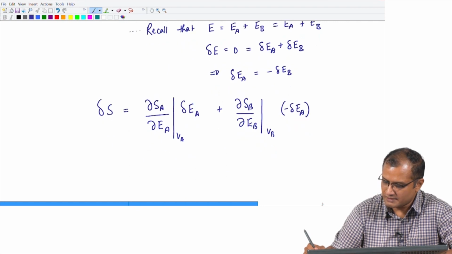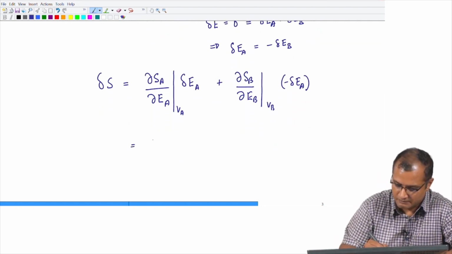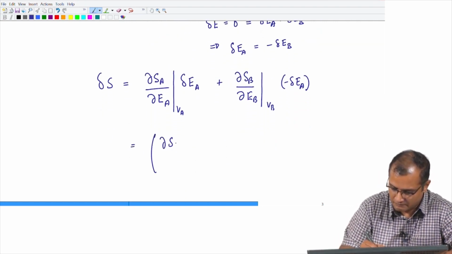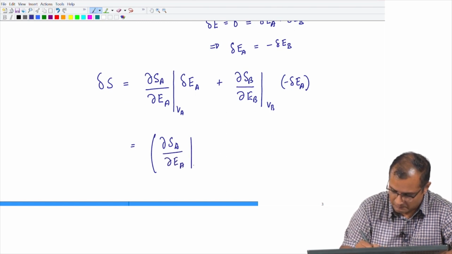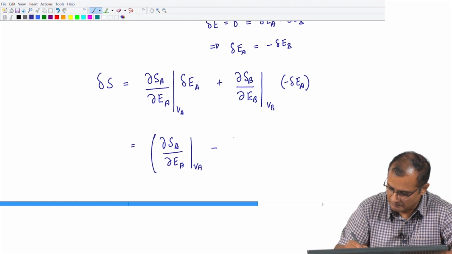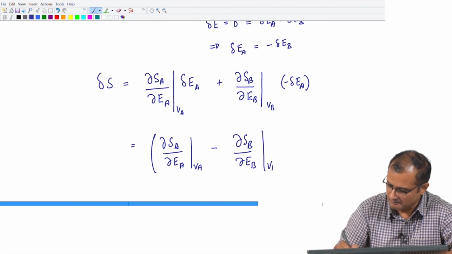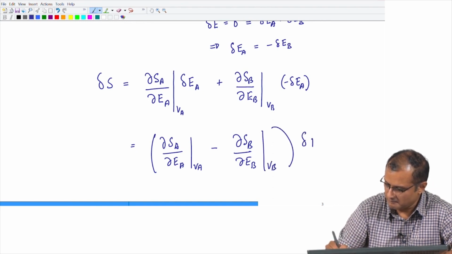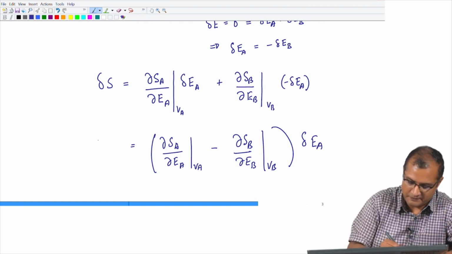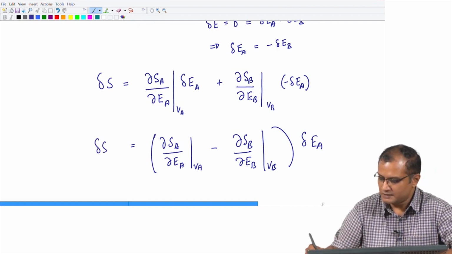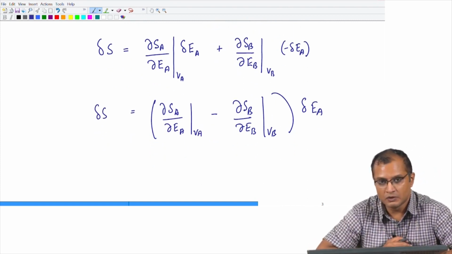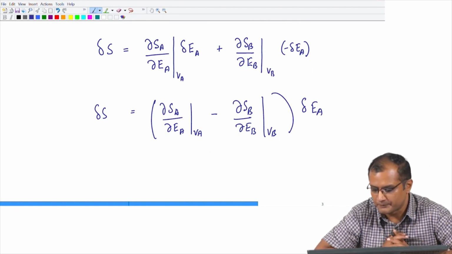And if you take delta E_A constant, now you are looking at a condition for equilibrium here.